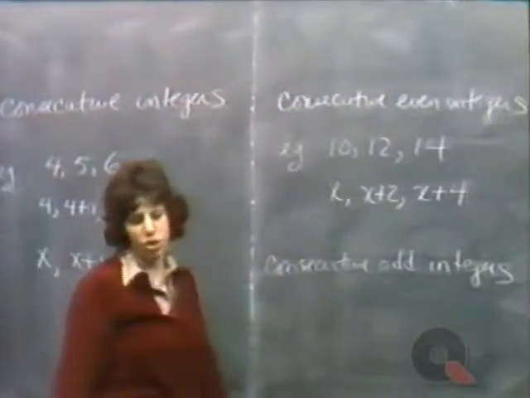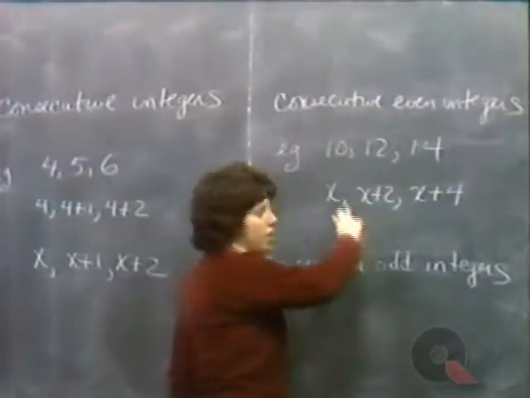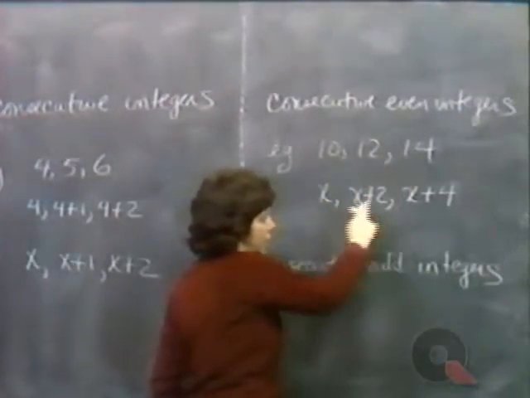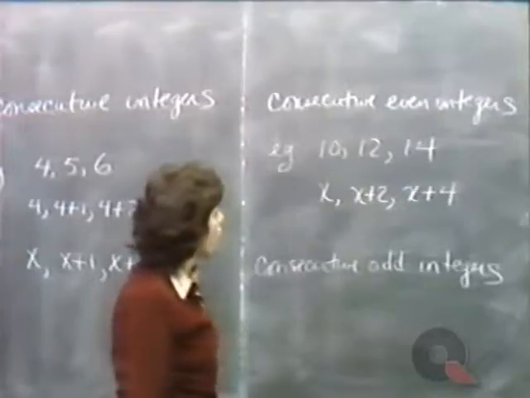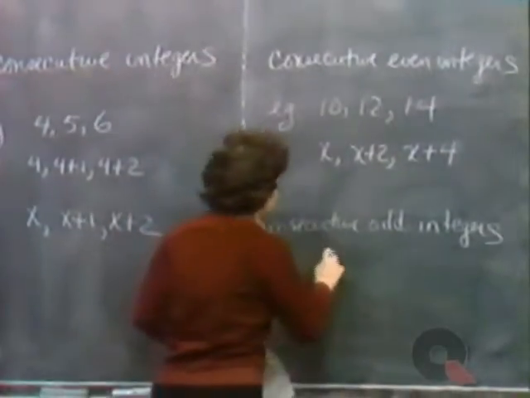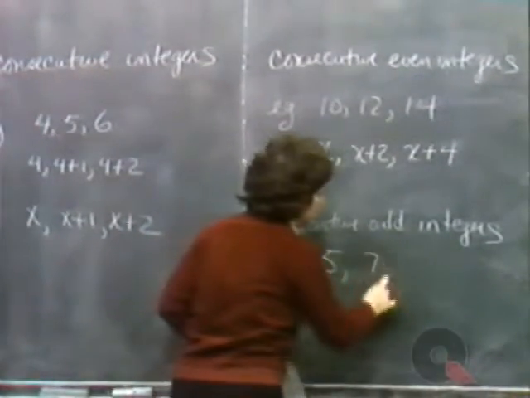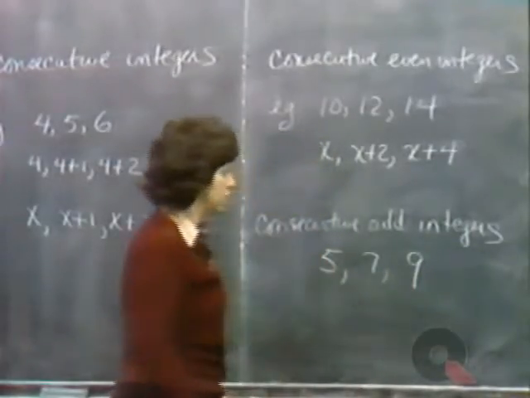The consecutive even integers are going up by 2: 10, 12, 14, or x, x plus 2, x plus 4. Examples of consecutive odd integers: 5, 7, 9.